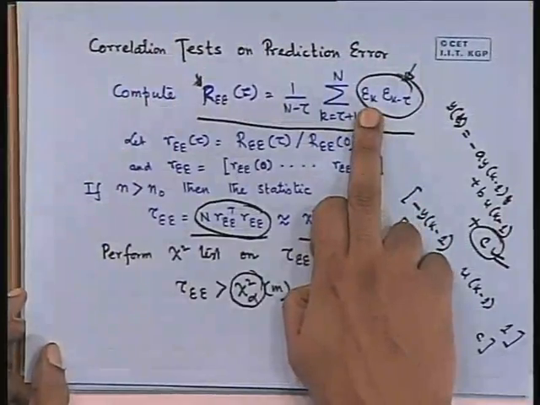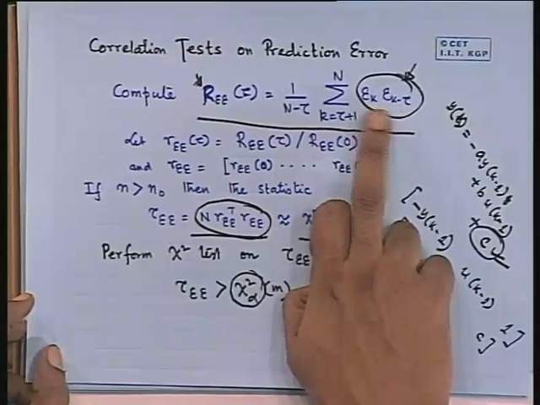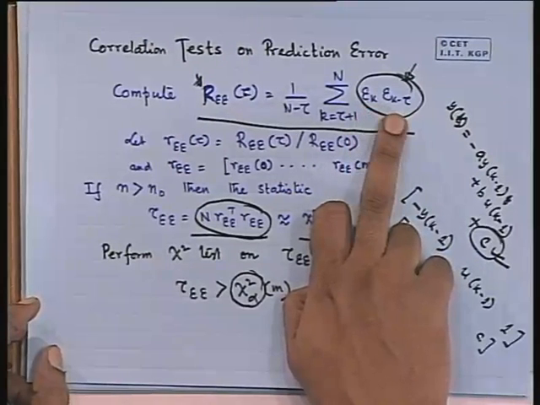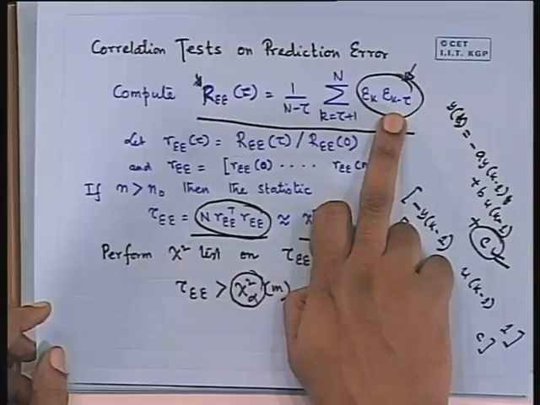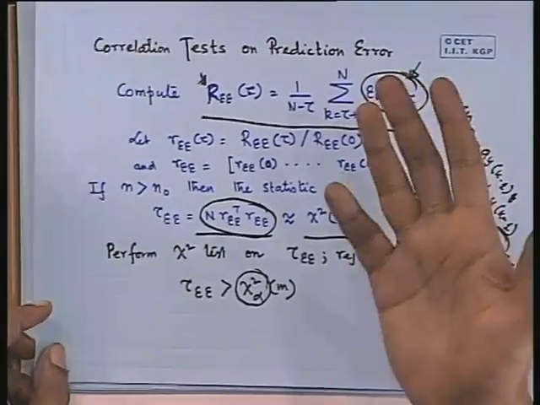Similarly, you can test whether the residuals are autocorrelated or not, epsilon. Similarly, you could test whether the residuals are correlated with the input, in which case you have to test for cross correlation.